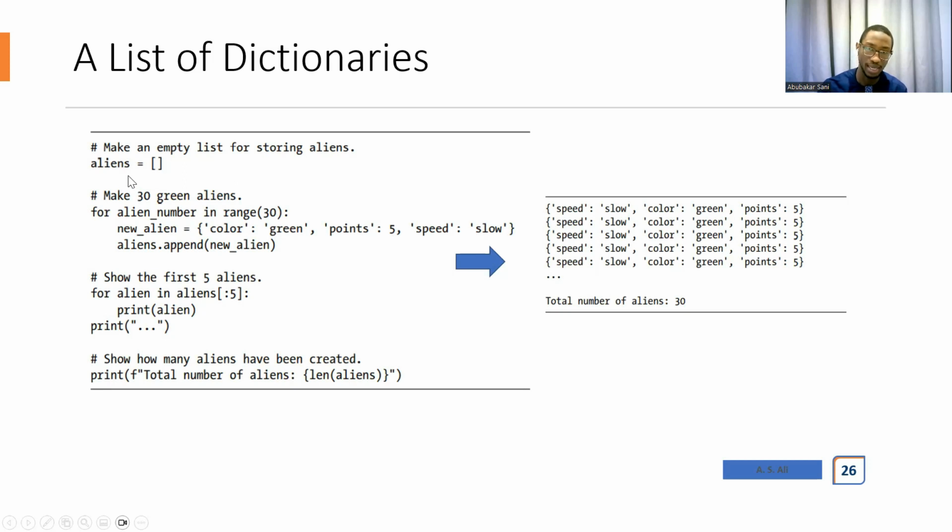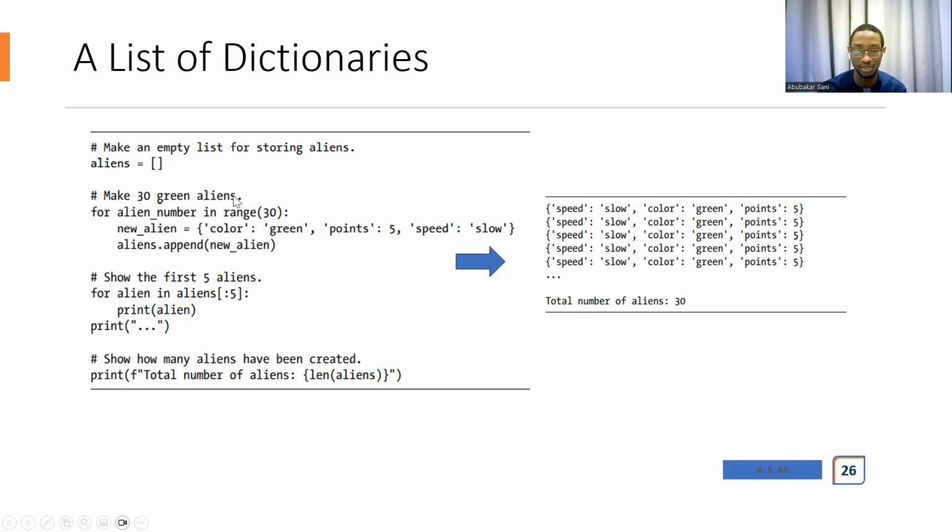You want to populate it with aliens. You want to have 30 aliens of green color, 0.5 points when they are killed, and their own characteristic is that they are slow. So we will be adding each of these to our list of aliens. So we have a list of aliens, and all of them have some characteristics.